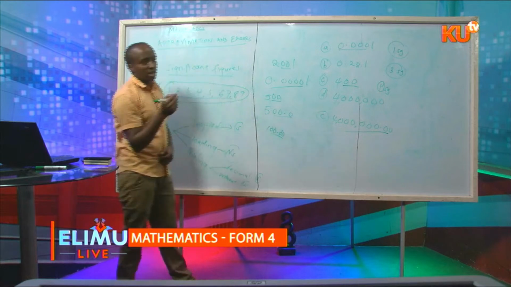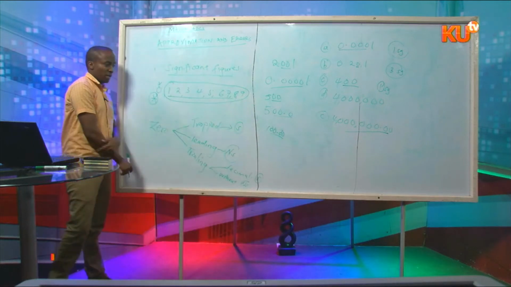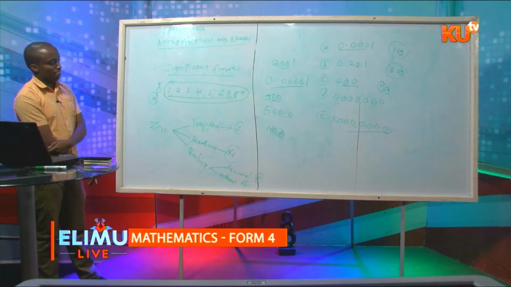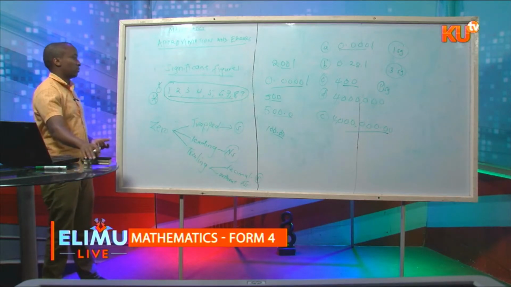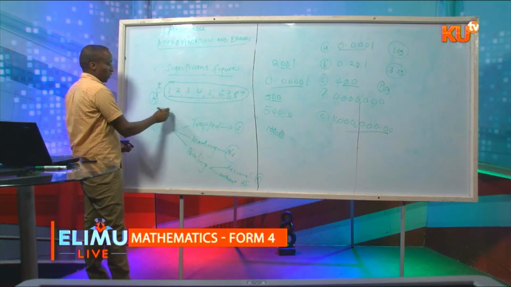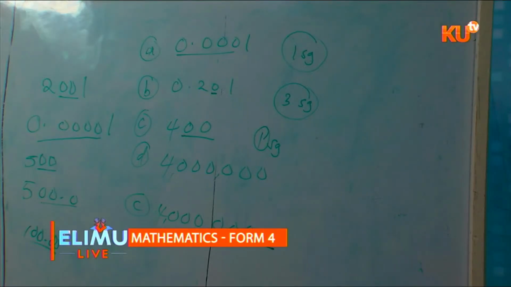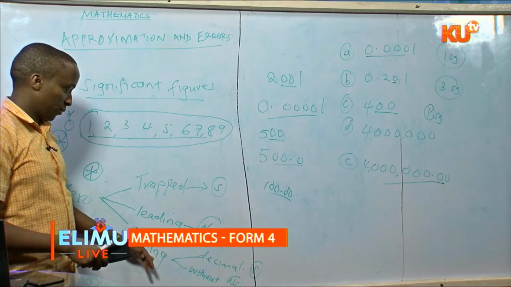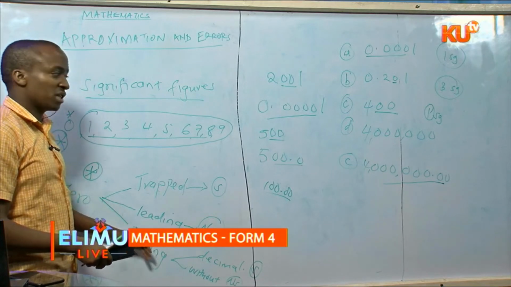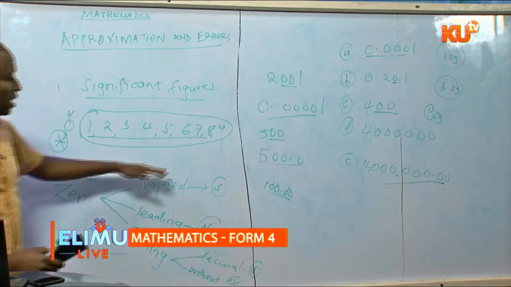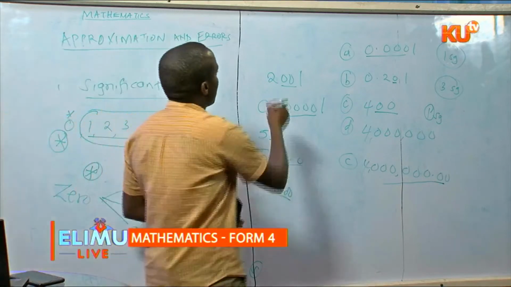We have to consider the decimal point to make them significant. So for 0, we have to consider the type that we have: the trapped 0, the leading 0, and the trailing 0. We have to consider this concept. You must understand it today. Given in an exam, maybe the last answer was 500.